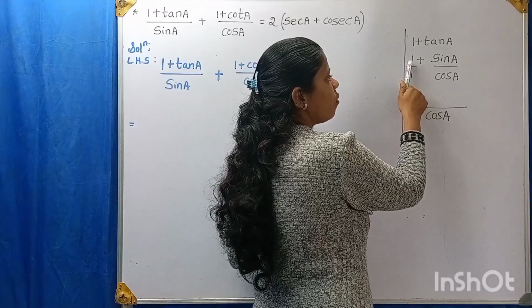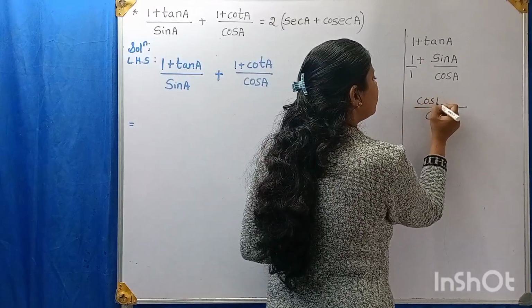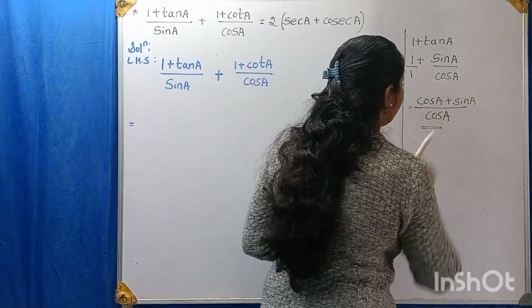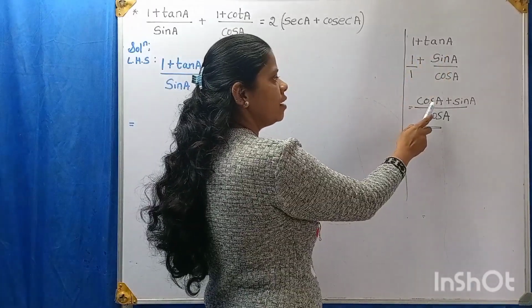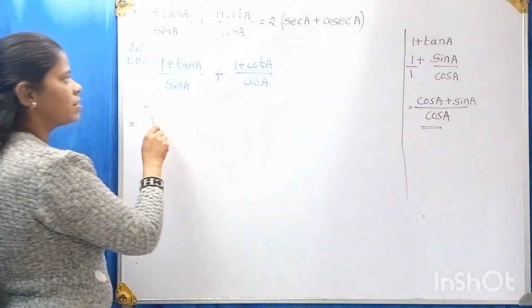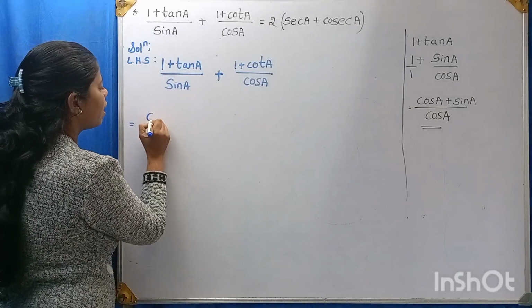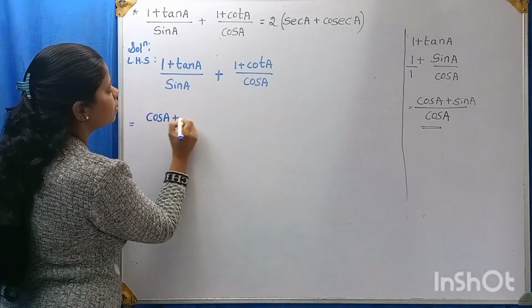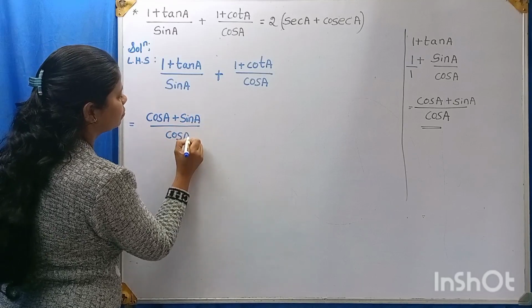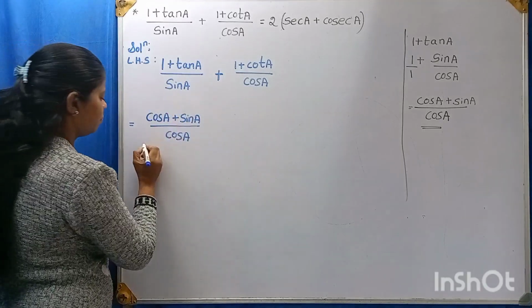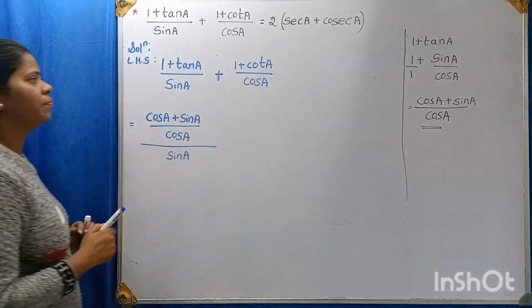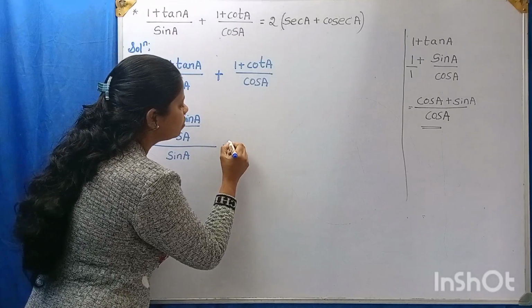Therefore, it will become cos A plus sin A. Now this 1 plus tan A I can write as (cos A plus sin A) divided by cos A. So 1 plus tan A can be written as (cos A plus sin A divided by cos A), whole divided by sin A. Then for this plus, I will write plus here.